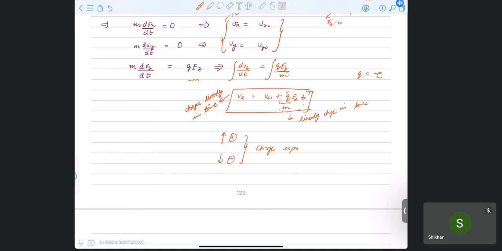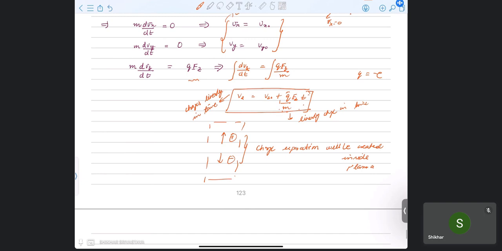Overall your plasma is neutral, but due to the presence of a uniform and static electric field, charge separation will be created in some small local region inside the plasma.